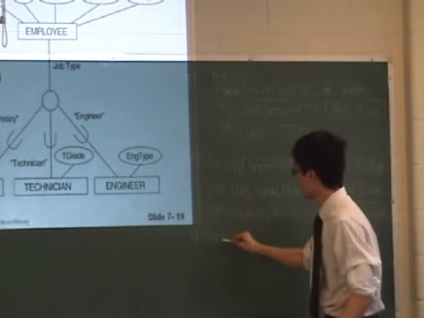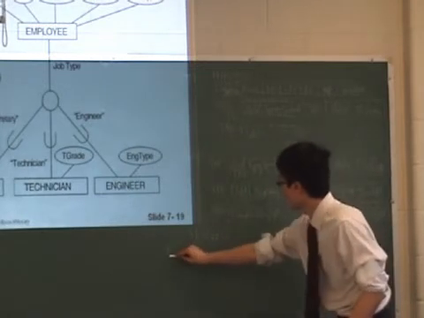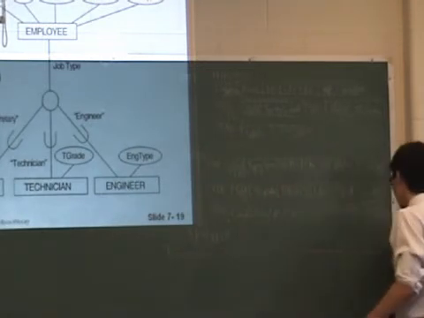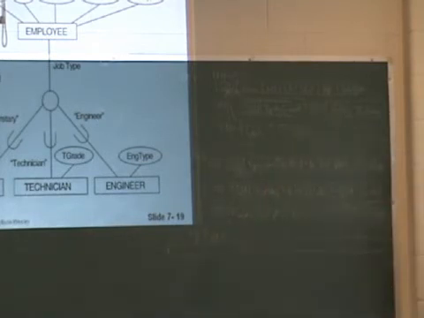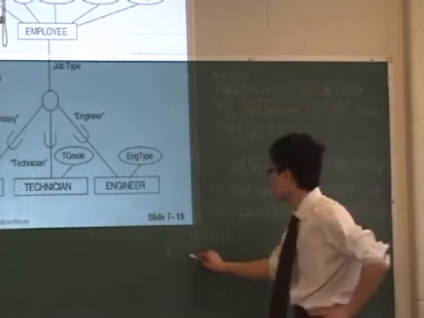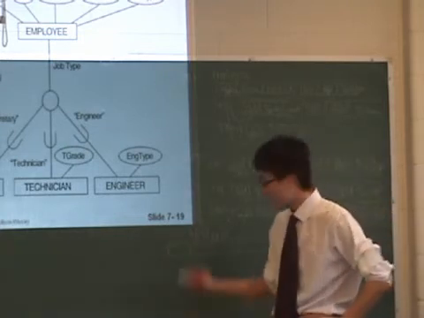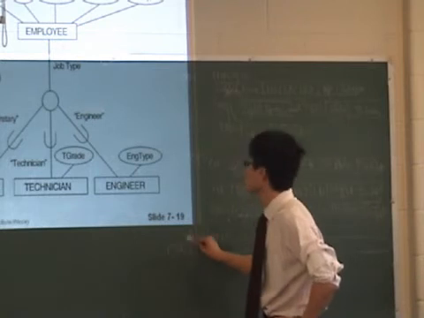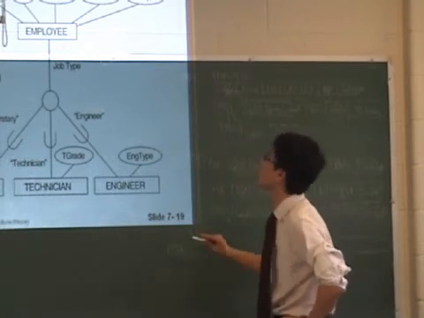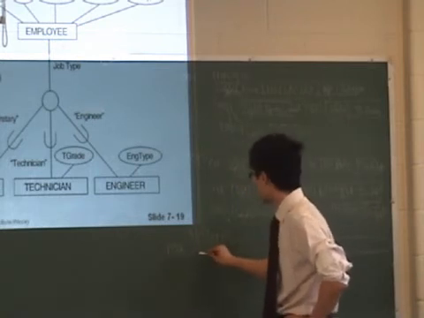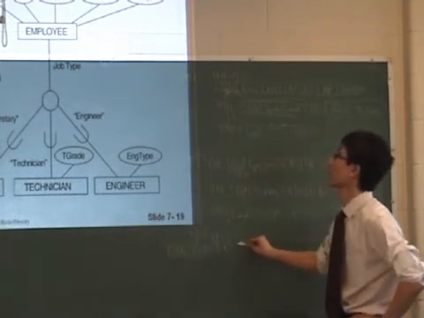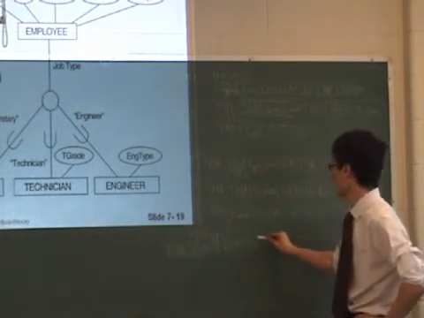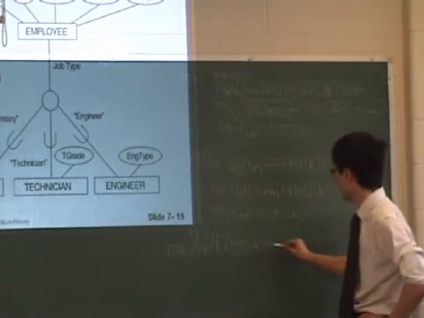we have an employee relation, one big relation for employee. Okay, then what is the key? So we can start from first name, middle name initial, last name, birthday, address, and job type.